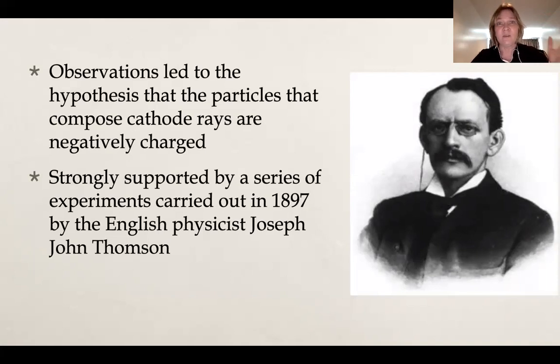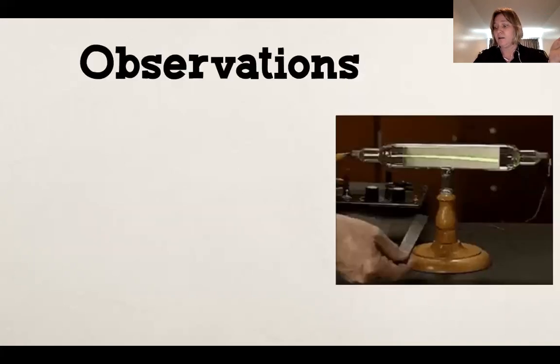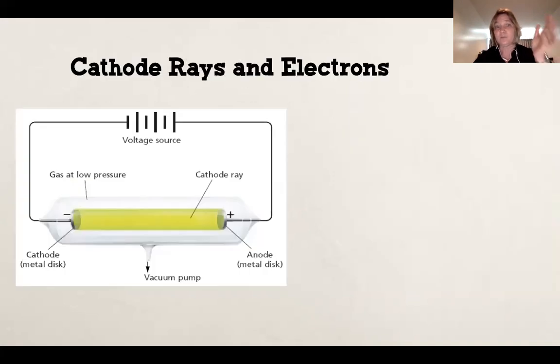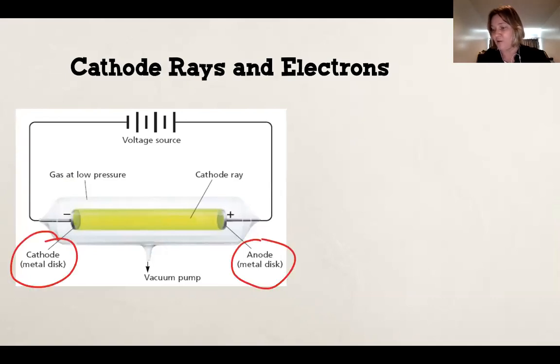Those are also important experiments. So we go from the cathode ray experiments, knowing that, if I go back to here, based on the experiments, of course, what they did was they actually changed out the gas. So they tried different gases, and they also tried changing out the kind of metal that the cathode and anode were made out of.